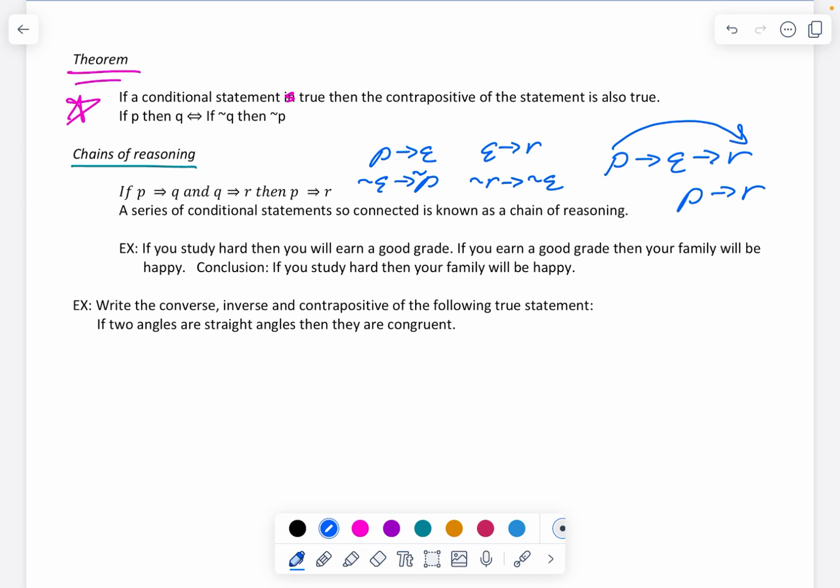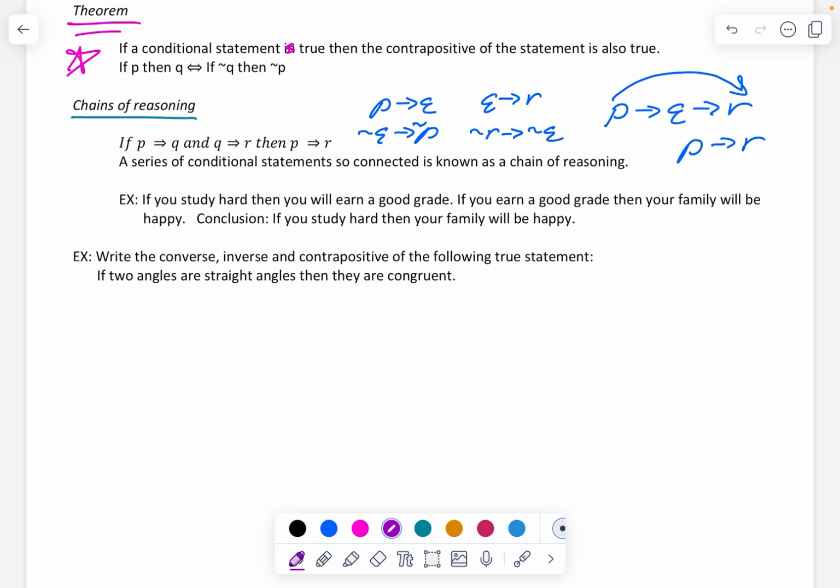So let's look at this example here. It says, if you study hard, then you will earn a good grade. Let's put this in terms of symbols. I think that helps a lot. So let's start with you study hard. We're going to call that P. And then you earn a good grade.